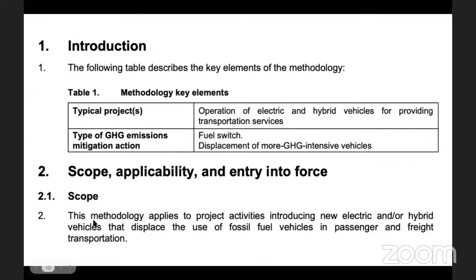Scopeですね、まずは。This methodology applies to project activities introducing new electric and or hybrid vehicles that displace the use of fossil fuel vehicles in the passenger and freight transportation.